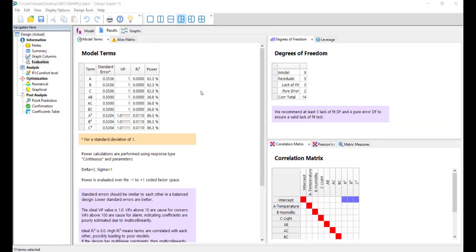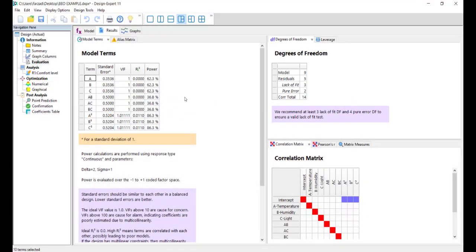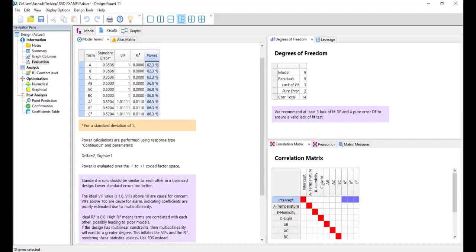What we need to notice here is to check model terms. As you can see here, for standard error, lower is more desirable, and for R squared, a zero value is more desirable. It means there isn't any correlation between the factors which we have, and power is useless here, however, and we do not use that to describe the design.